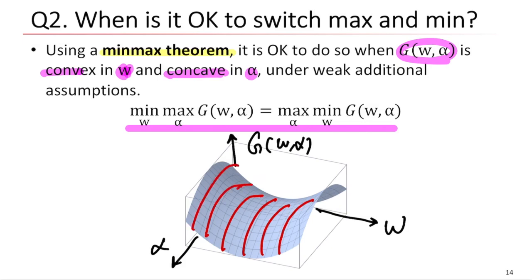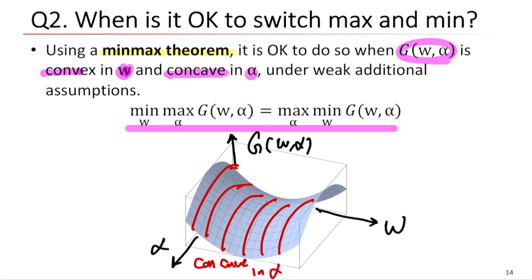It means that there is only one single global optimum, right? Okay, let's say this is concave in alpha.